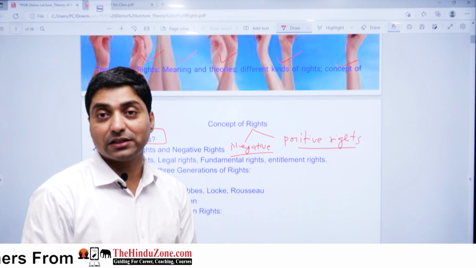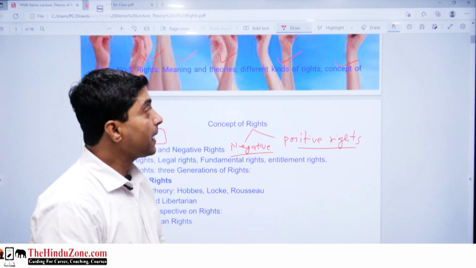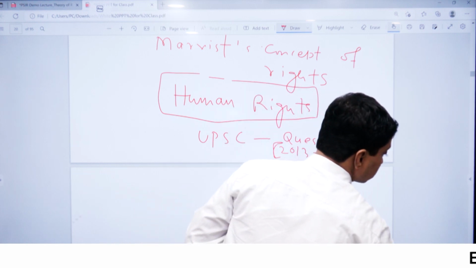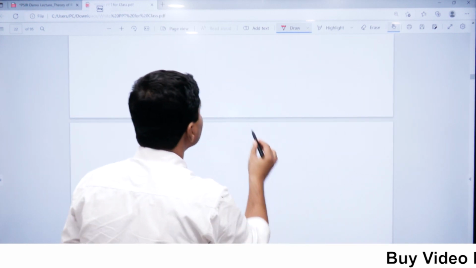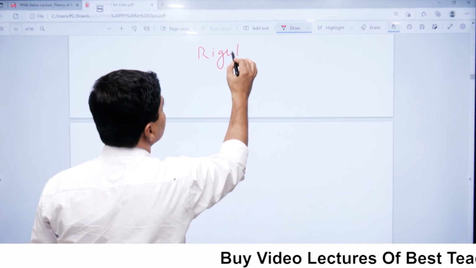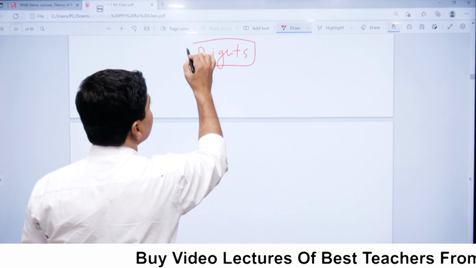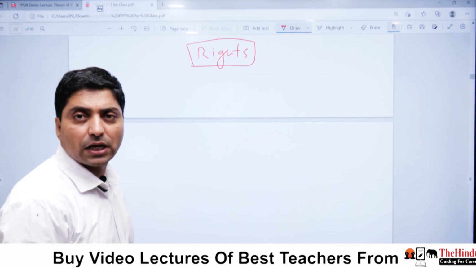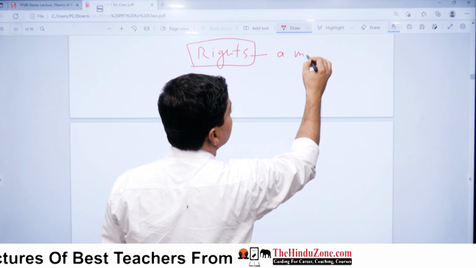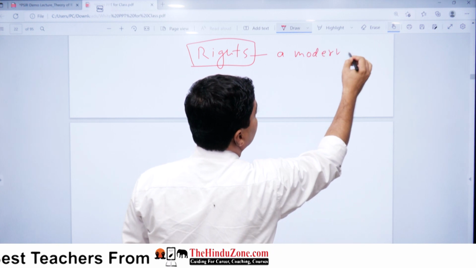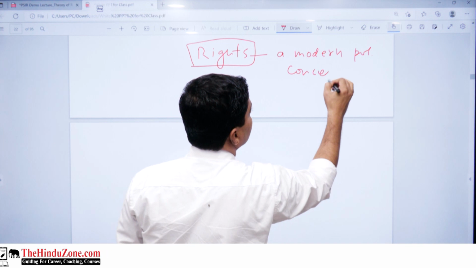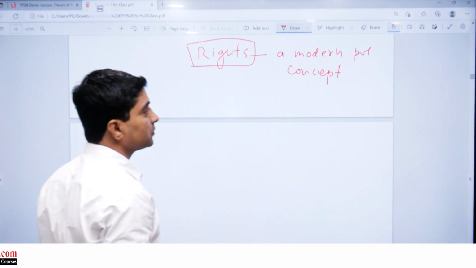But what is this concept all about? Let's see what is right, what is the concept. First thing, we must note that rights is a modern concept, a modern political concept.